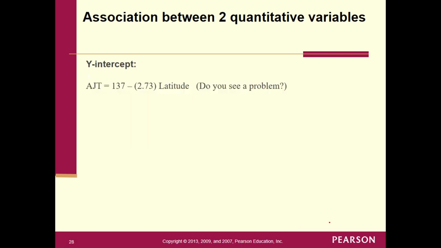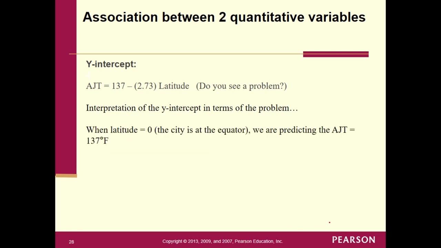All right, so I already said what the interpretation of this is. When latitude is equal to 0, the city is at the equator. We are predicting the average temperature to be 137 degrees Fahrenheit. Yikes, right?